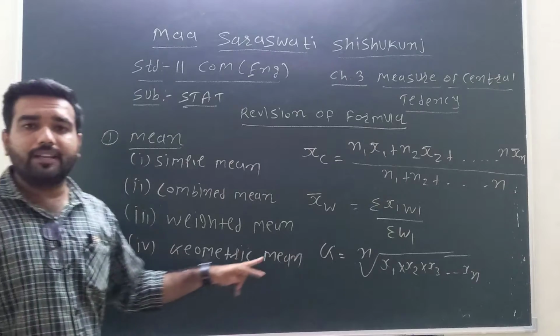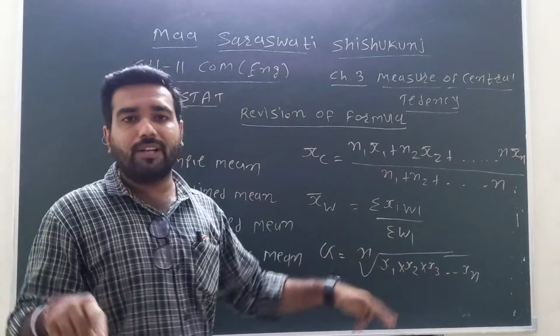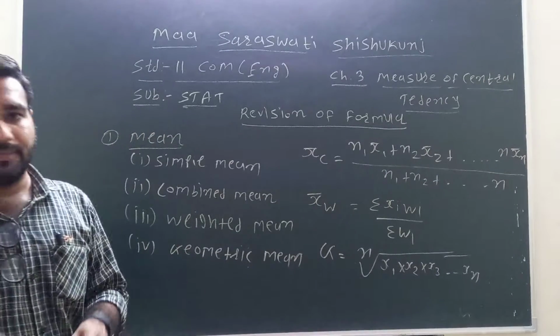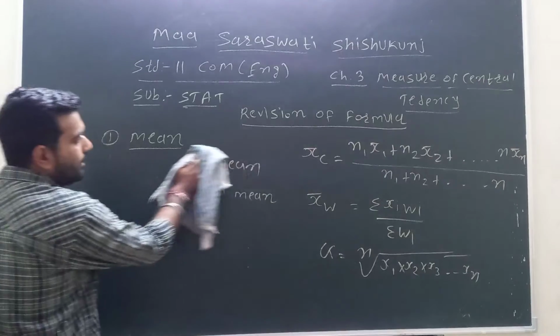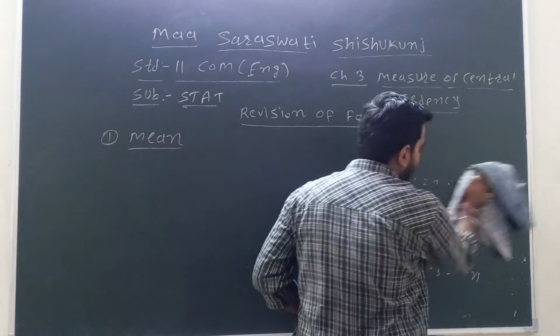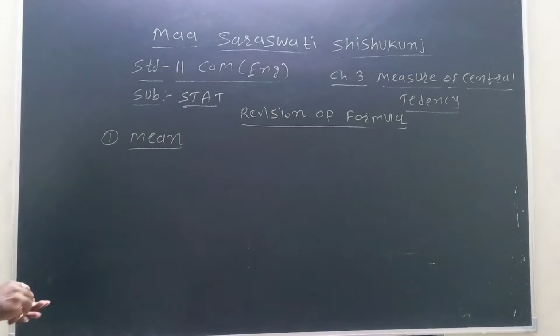Next, the geometric mean, G is equal to the nth root of x1 multiplied by x2 up to xn. So the first point, the means, is completed: simple mean, combined mean, weighted mean and geometric mean.